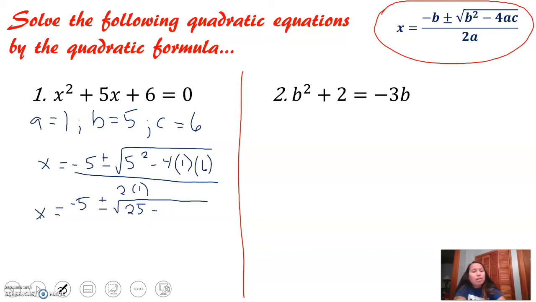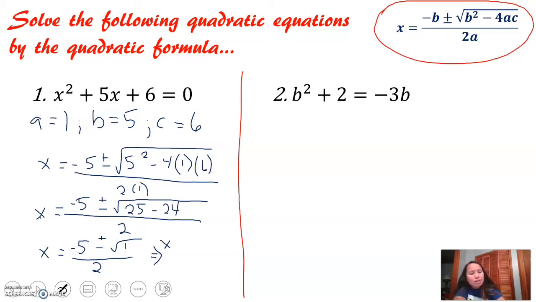Minus 4 times 1 is 4, times 6 is 24. And then what is 2 times 1? 2 times 1 is just 2, right at the bottom. I'll get rid of my square root symbol for it to become easier to look at. So 25 minus 24 is actually 1, correct? And then finally, the square root of 1 is just 1, right?